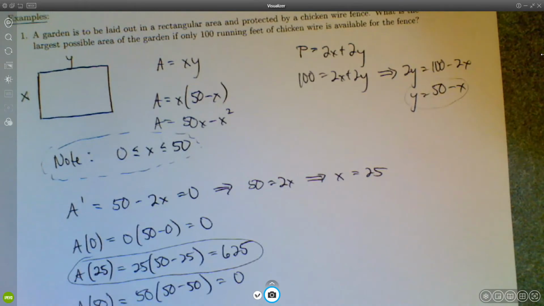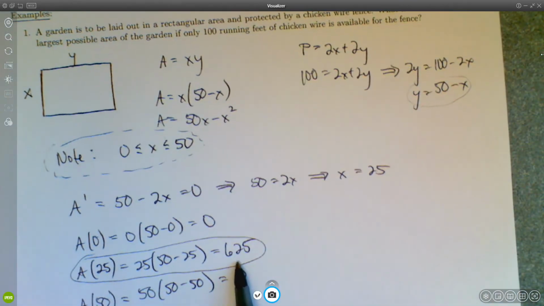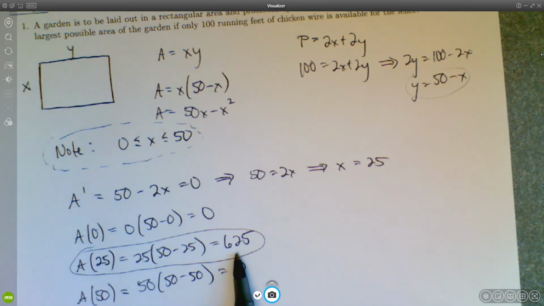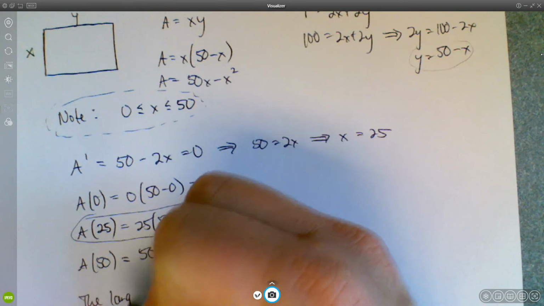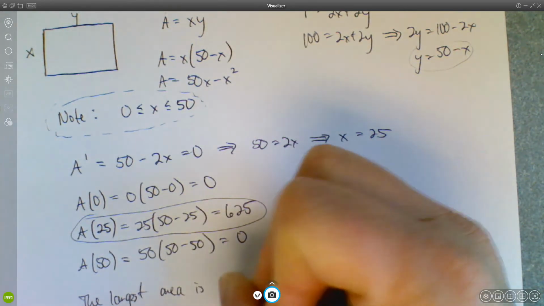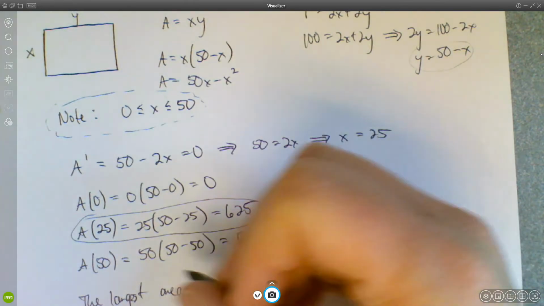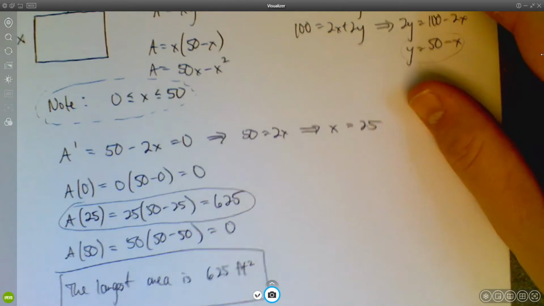So what question were we supposed to ask? What is the largest possible area? Okay, so the largest possible area is 625 square feet. And there's our answer.